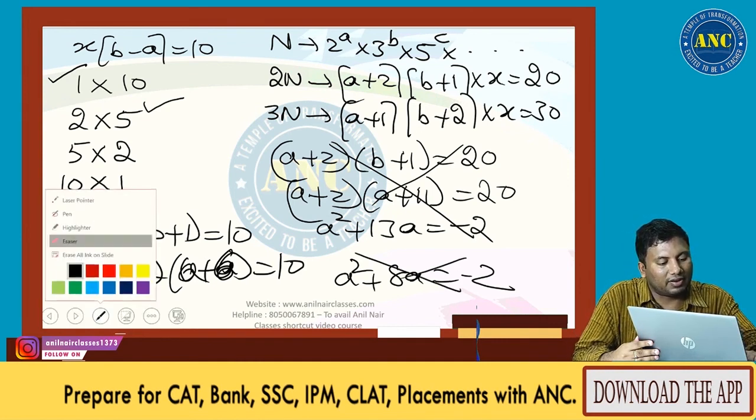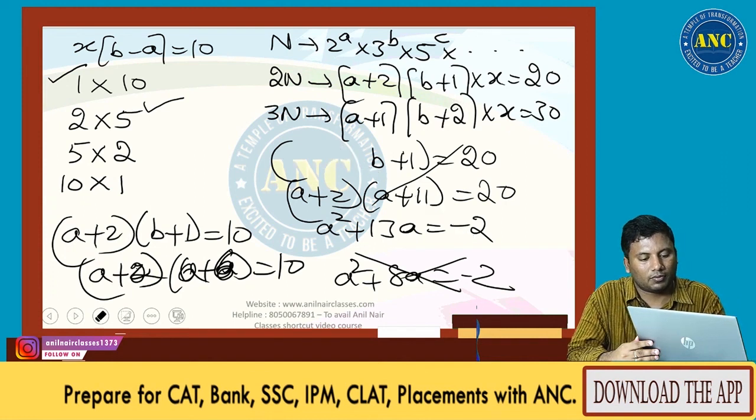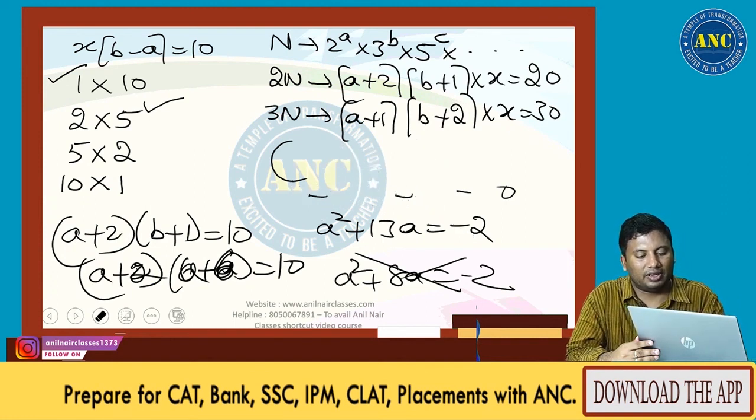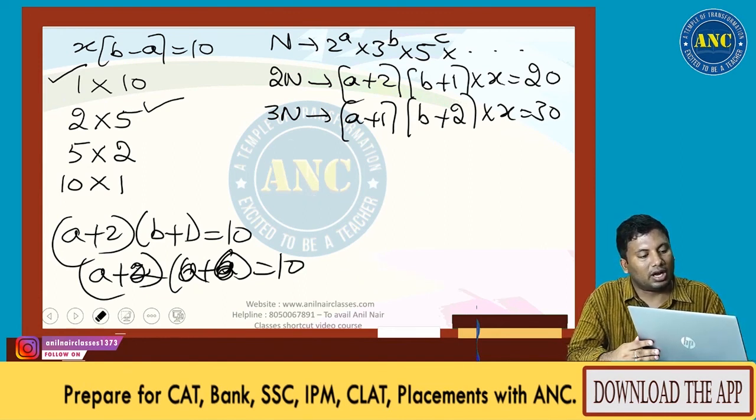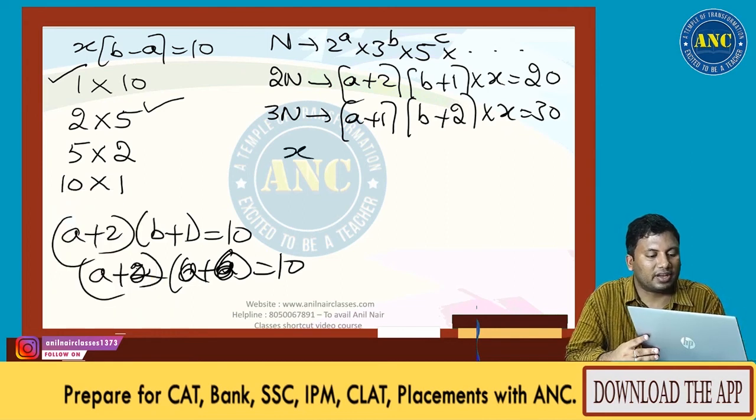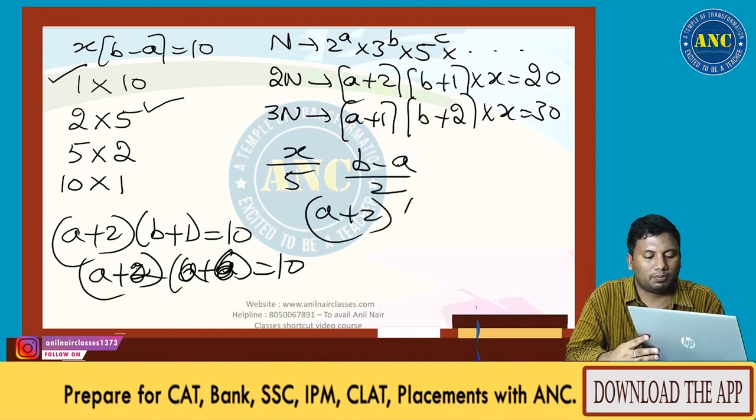If I take 5 into 2, this question becomes a little cumbersome in terms of cases. You have to get that case right, then you will get the answer. If x is 5, b minus a is 2. With x is 5, (a plus 2) into (b plus 1) is nothing but 4.